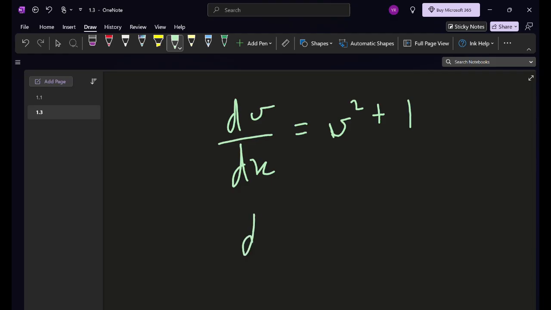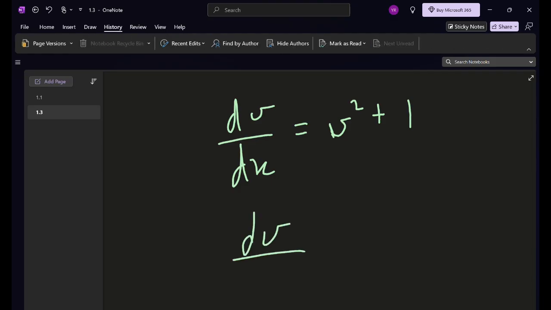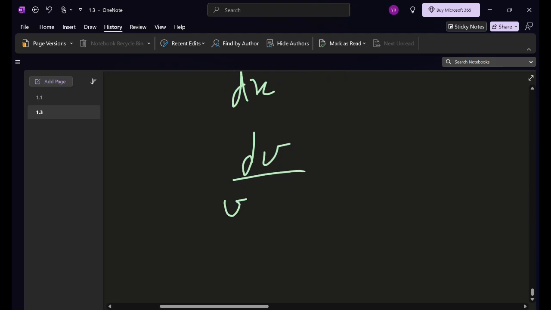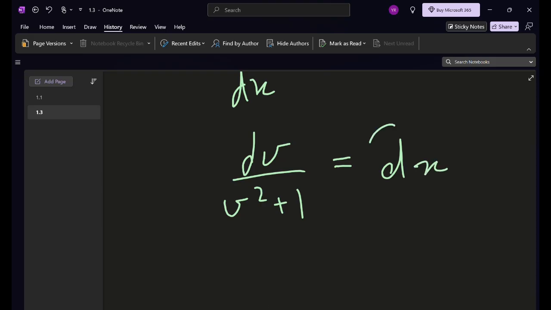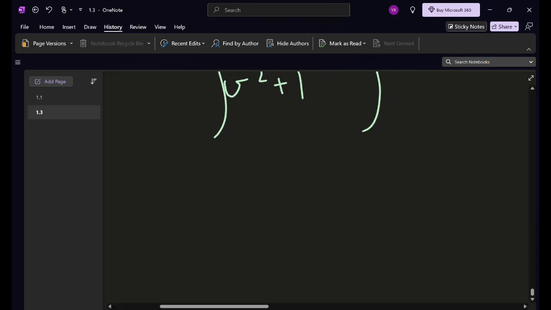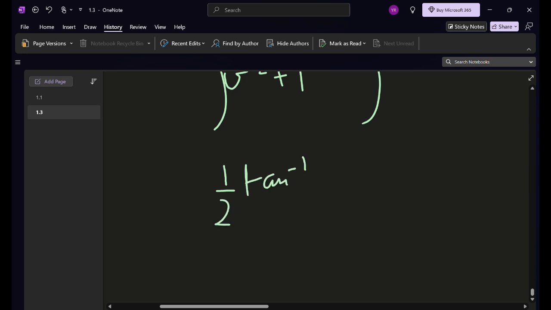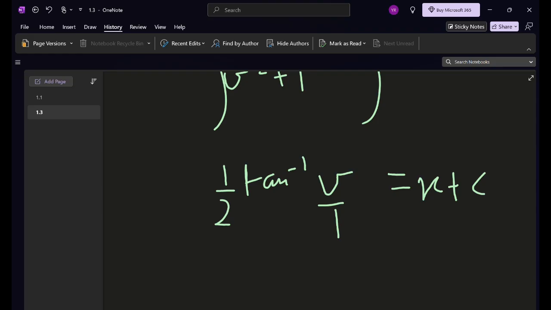And then this is written as dv by (v square plus 1) is equal to dx, and then we integrate, we get 1 by 1 tan inverse v is equal to x plus c. This formula is being used a lot throughout the chapter, so it's just good to remember it.